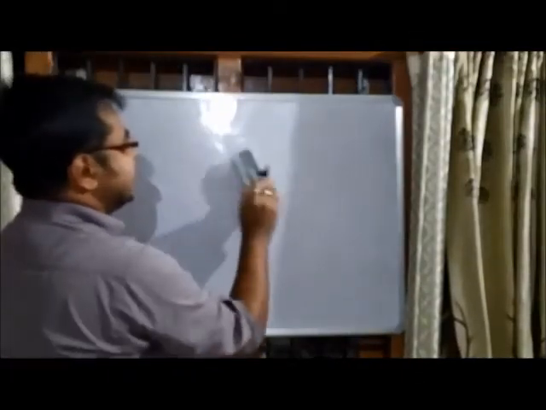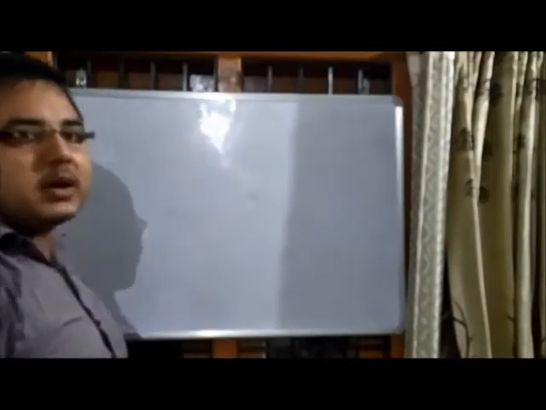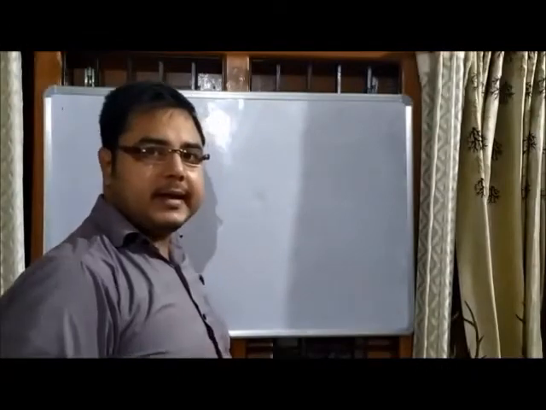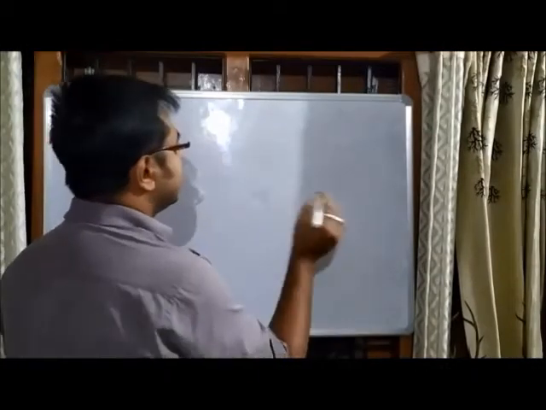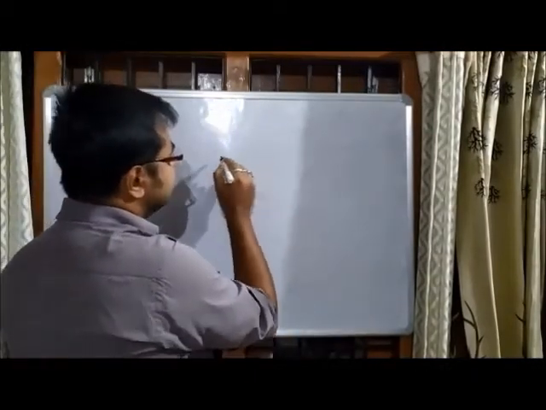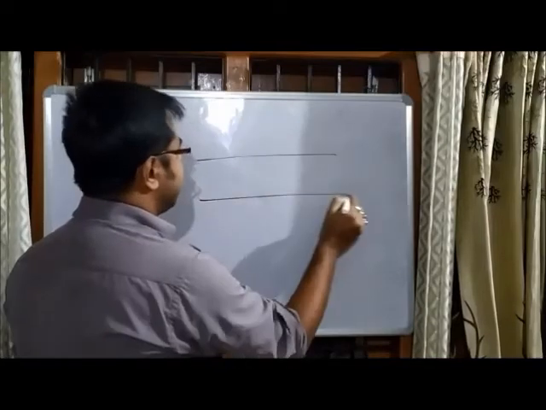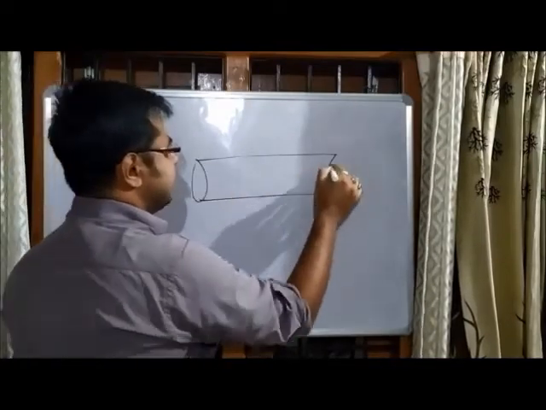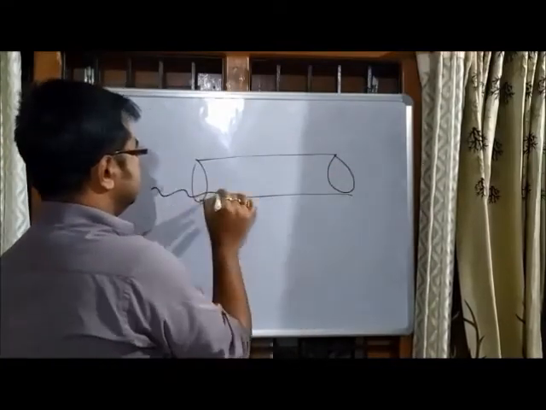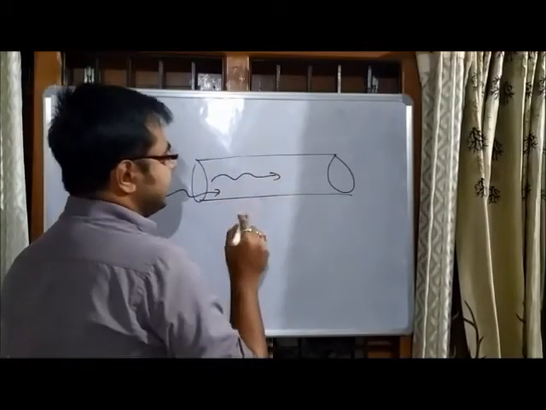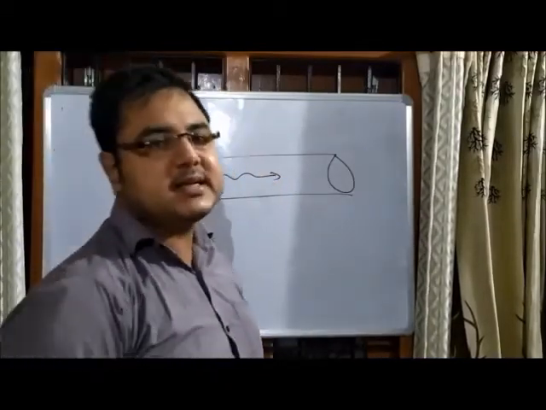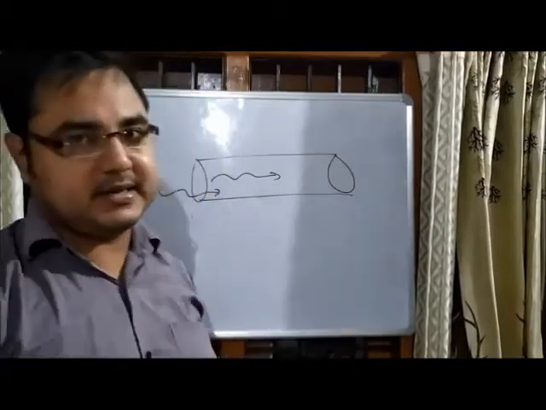So the next part is, let us consider what actually happens. Suppose this is a pipe through which the fluid is moving, right? Now this fluid is at a higher temperature.